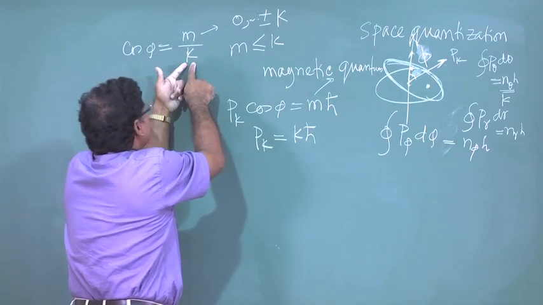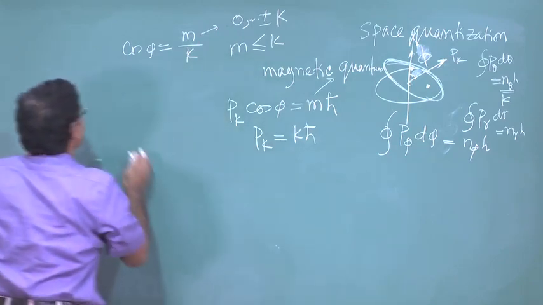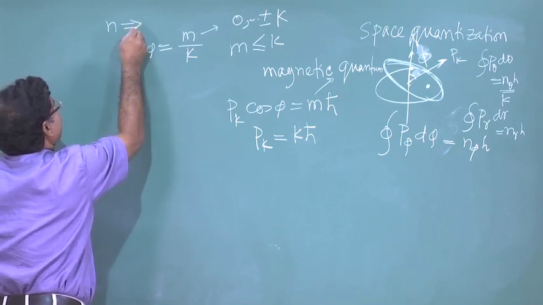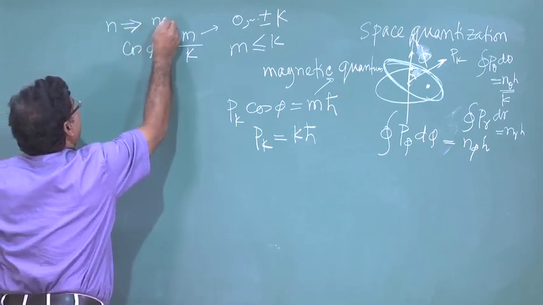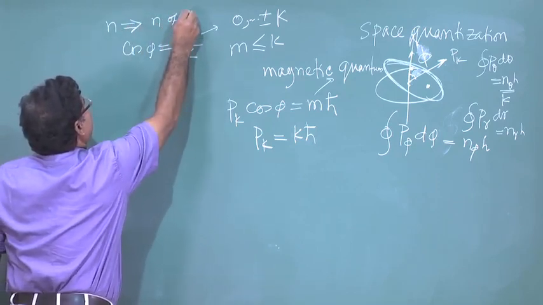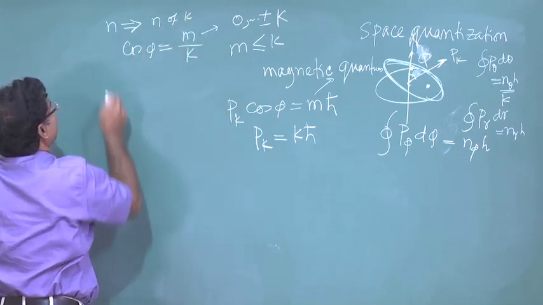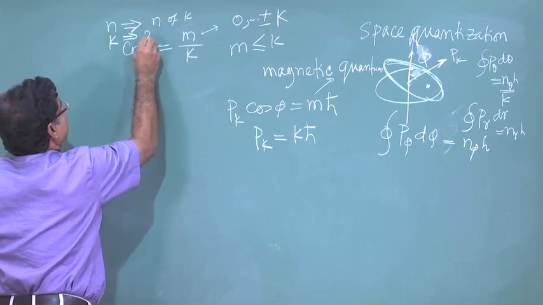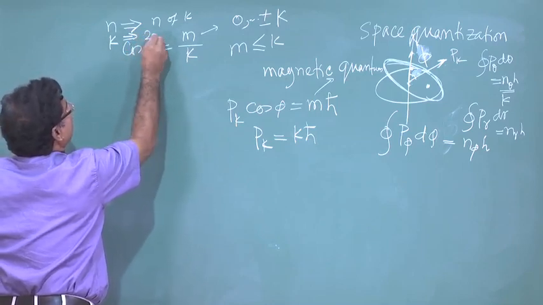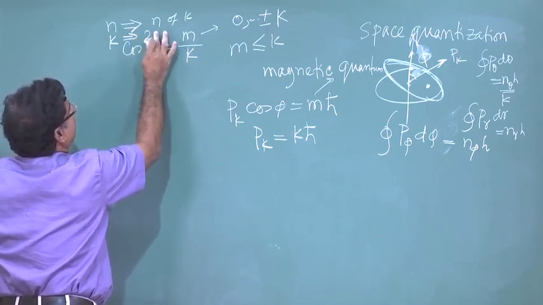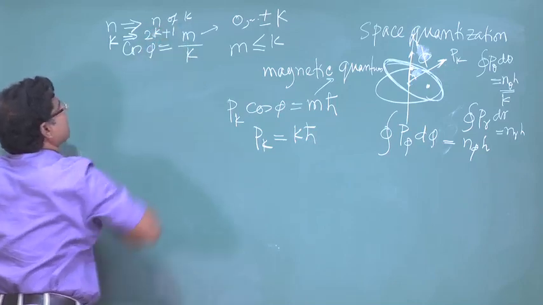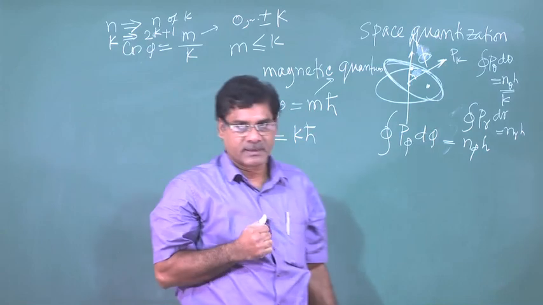For a particular n value, we will get n number of k values, and for a particular k value, we will get 2k plus 1 number of m values.